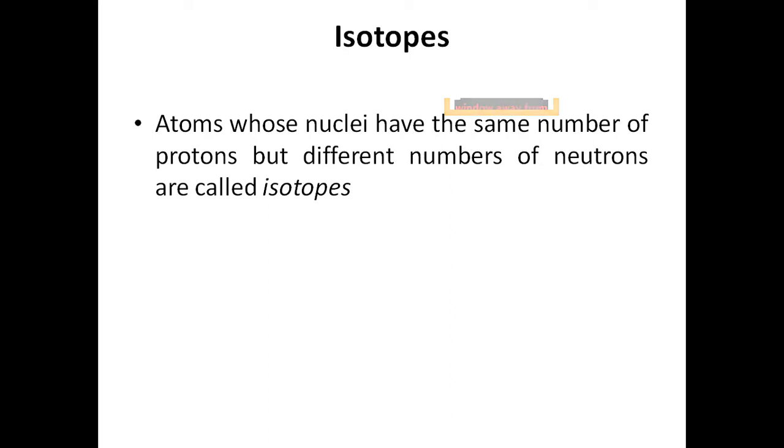Atoms whose nuclei have the same number of protons but differ in the number of neutrons are called isotopes.